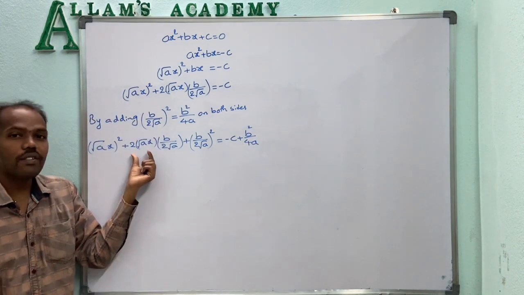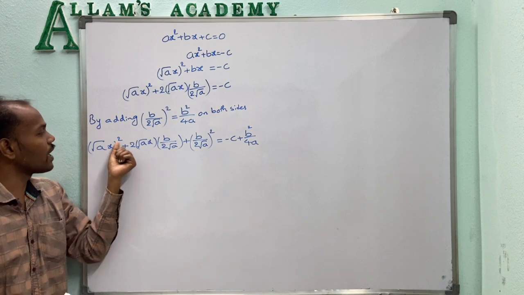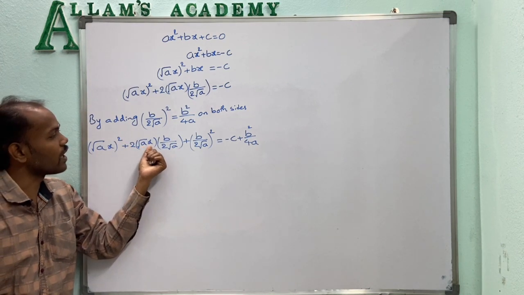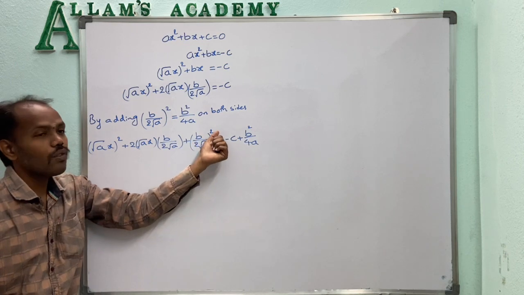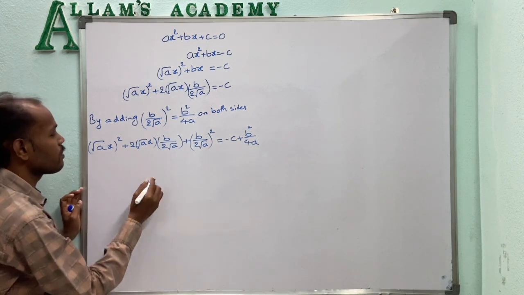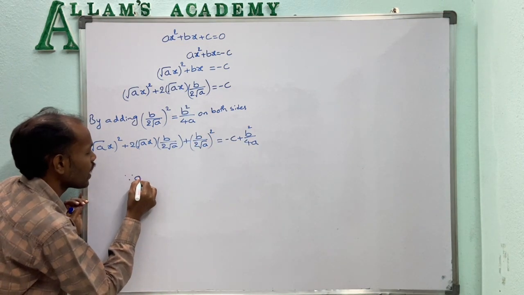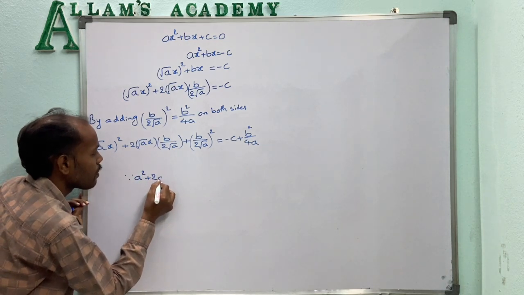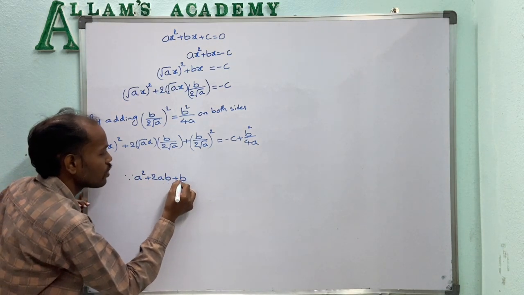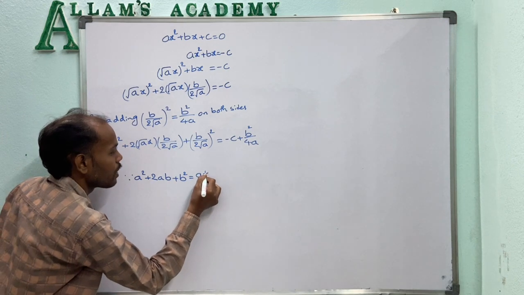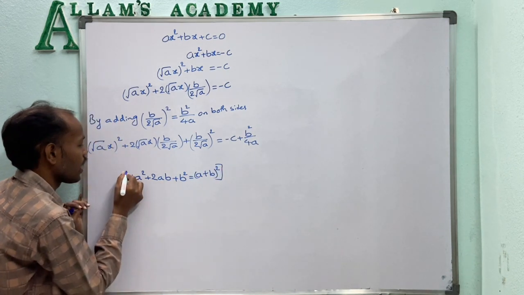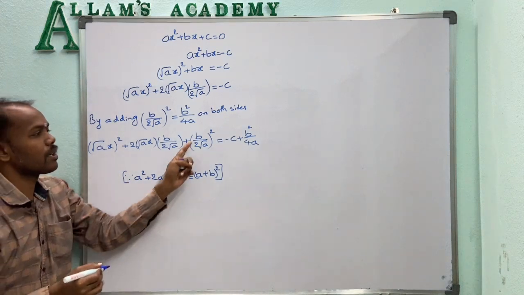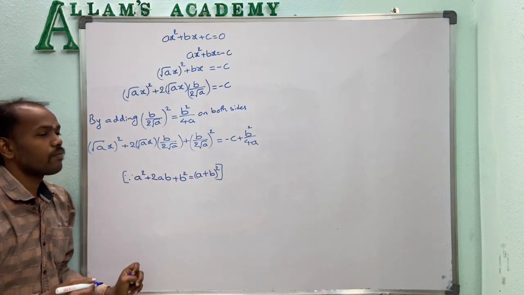Now if we observe the LHS, root a x whole square plus 2 into root a x into b by 2 root a plus b by 2 root a whole square, it is in the form of a square plus 2ab plus b square. A square plus 2ab plus b square is nothing but a plus b whole square. So here a is root a x and b is b by 2 root a.